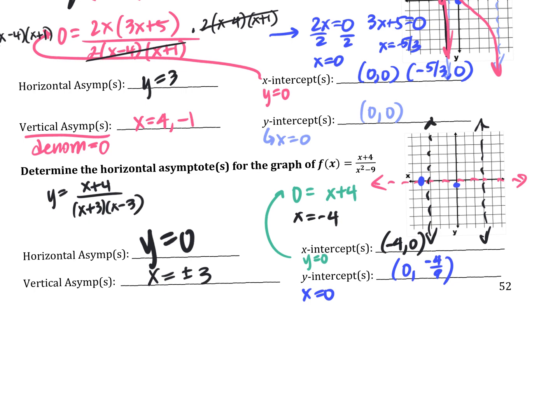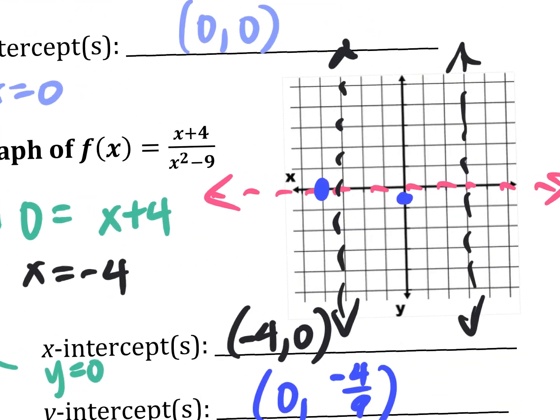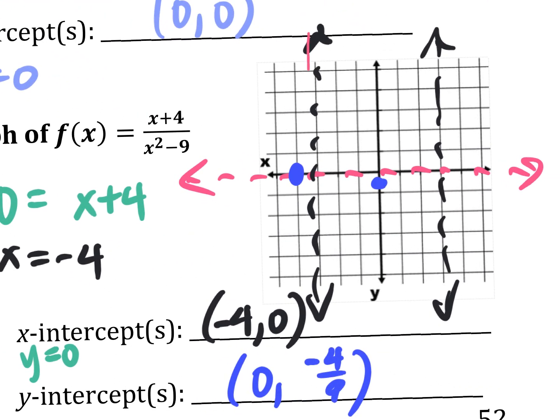So here's what I'm going to do. You guys, I'm going to go with pink. I'm going to follow this horizontal asymptote, vertical. Guess what we have to do? We have to cross through, and then I'm going to hug my horizontal asymptote. But this shows we have an x-intercept here, so I've got to cross through it. Then what am I going to do right here?